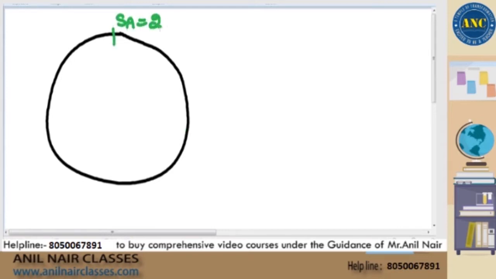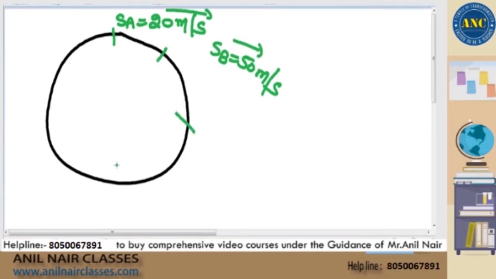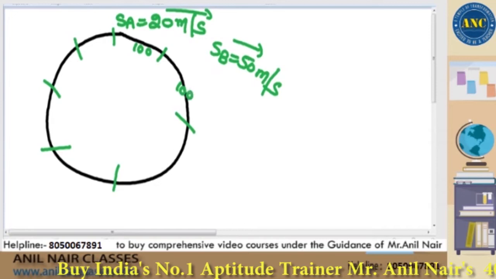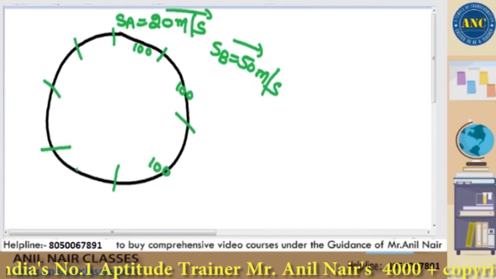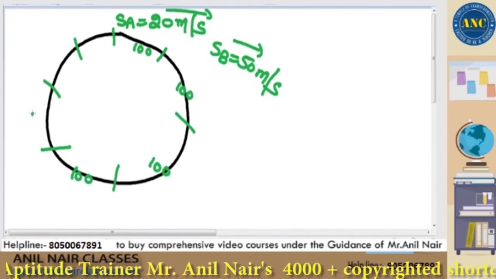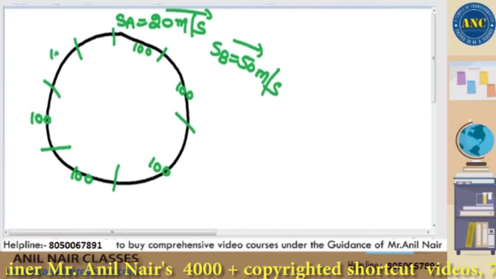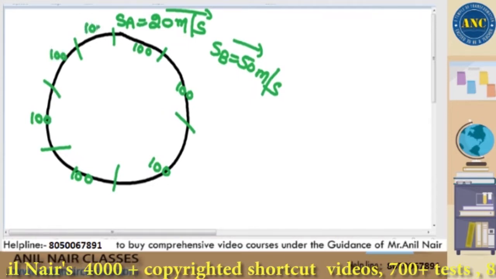SA is 20 meters per second, SB is 50 meters per second. Listen, now if there are 7 meeting points, 1, 2, 3, 4, 5, 6, 7, this is 100, 200, 300, 400, 500, 600, 700.